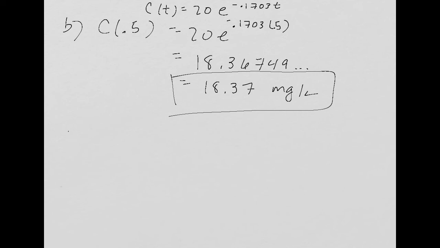So part C has this question about half-life. And if you get a question that says, what is the half-life? What that really means is when do you have half of what you started with?